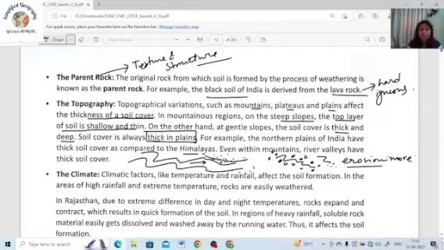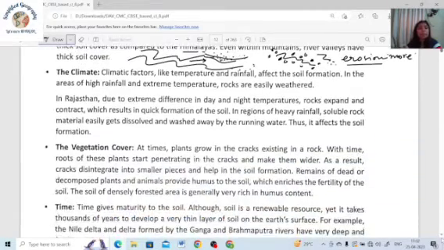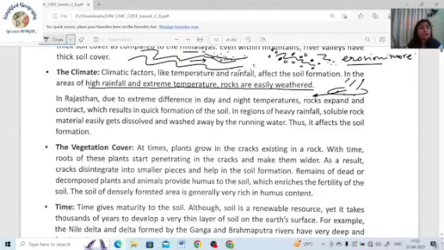Moving on to the climatic factors, temperature and rainfall affect soil formation. With high rainfall and extreme temperature, rocks are easily weathered, because if it is raining heavily, the excess water will wash out the upper layer of the soil and keep weakening it. But in regions of less temperature, less rainfall, or even in high rainfall areas, the inorganic matter gets circulation inside the soil profile.